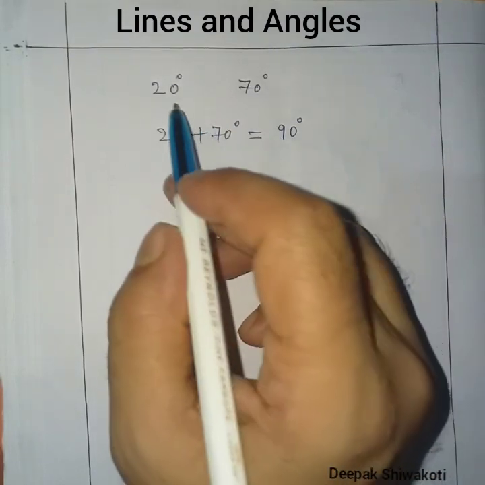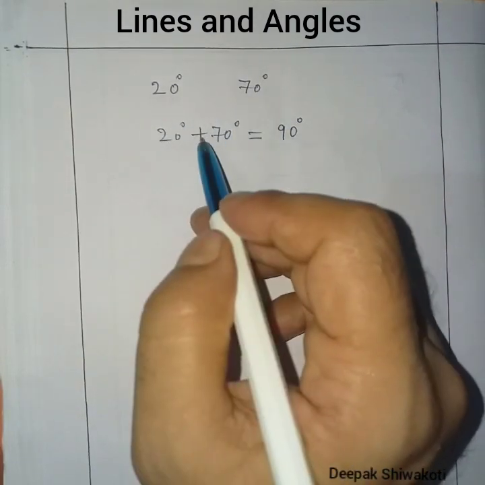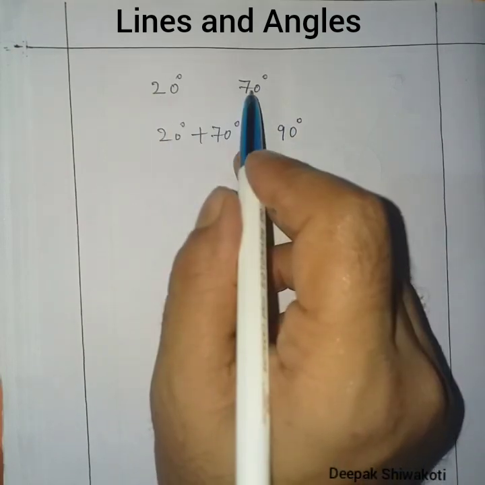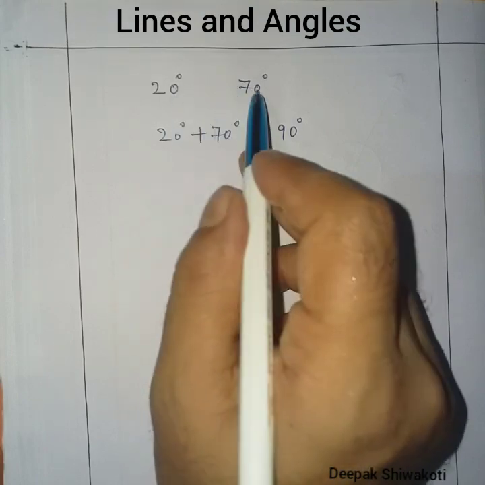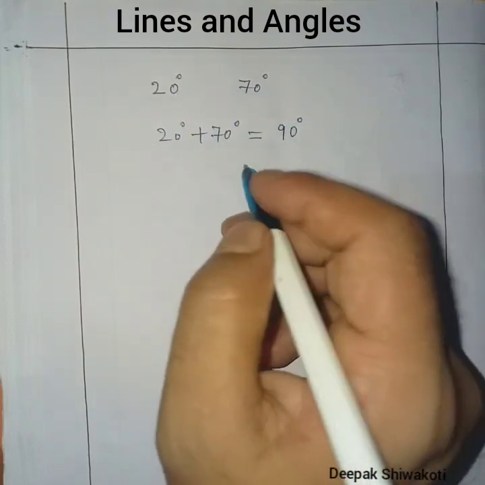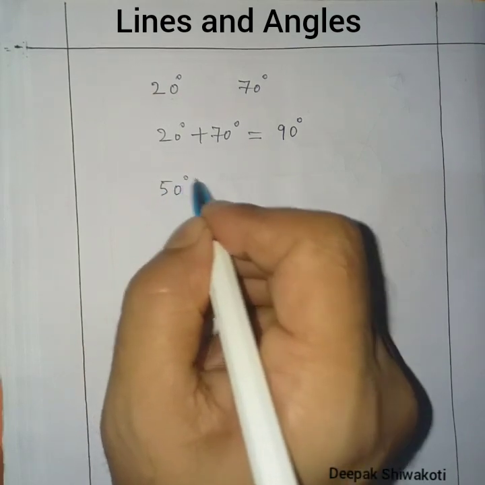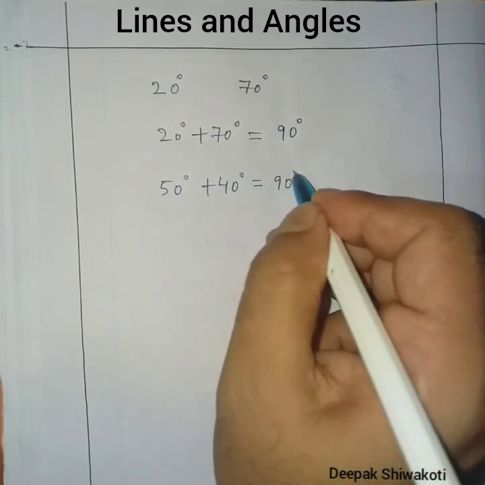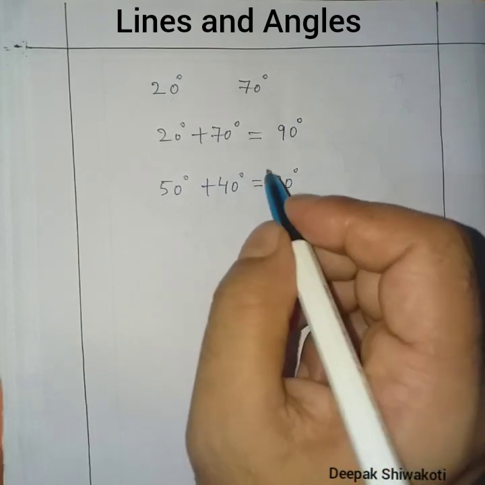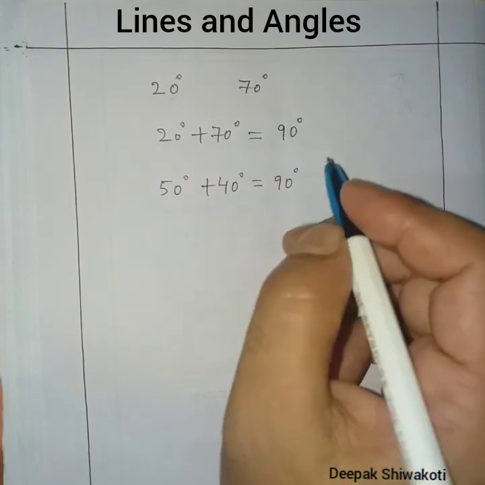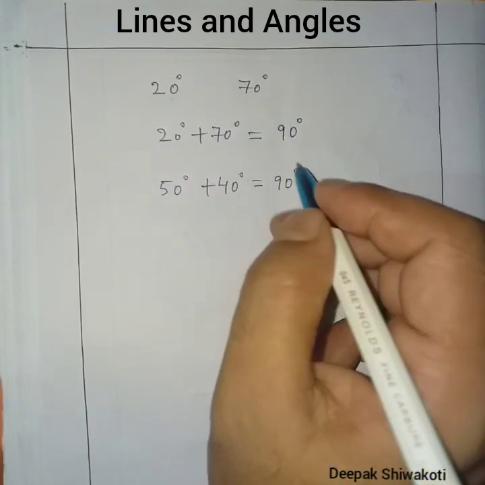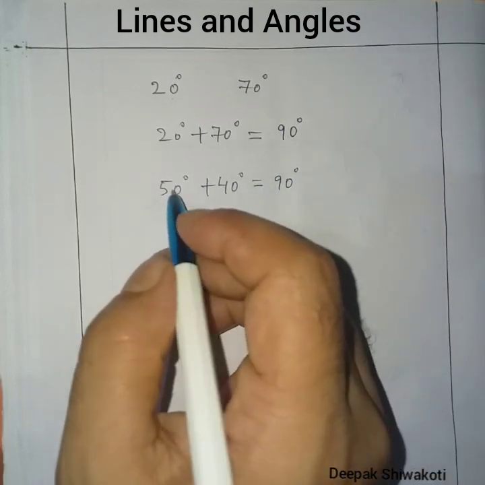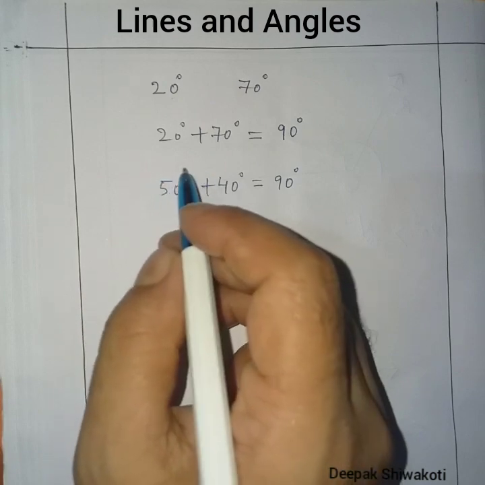So when we add two angles and if we get exactly 90 degree, then two angles are said to be complementary to each other. Okay, another example, 50 degree plus 40 degree is also 90 degree. So there will be several cases where the sum of two angles we get as 90 degree. So all those cases are of two angles which are complementary to each other.